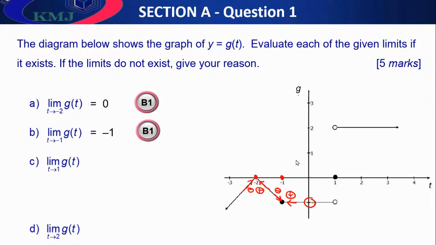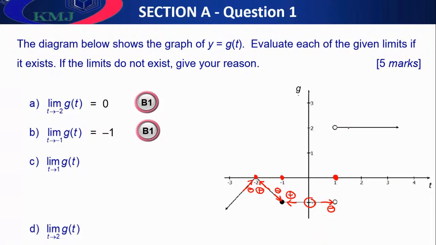For question C, to evaluate the limit of g(t) as t approaches 1, 1 is right here. We take a look at the graph, and from the left the value of y is -1.